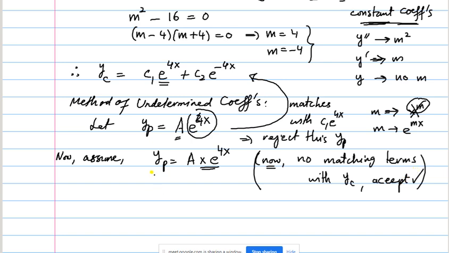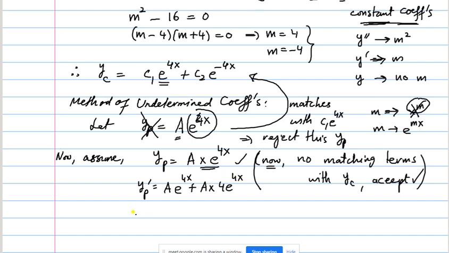So now once you accept it, we rejected the earlier one, so that is not my yp now. This is my yp. Now I will replace this in my original equation, so I will take the two derivatives. For yp equal to a x e4x, the derivative is a times 1 times e4x as it is, plus e4x times a x as it is, and you get 4e4x.